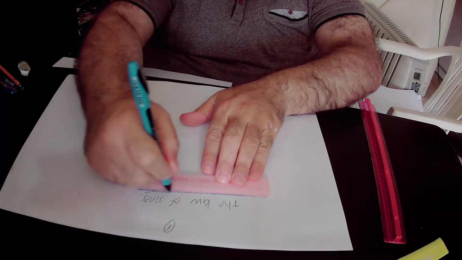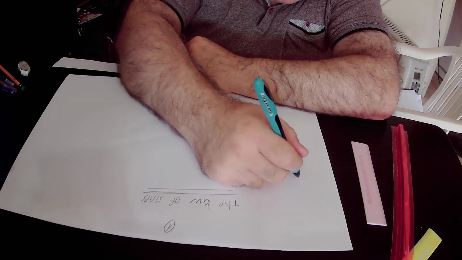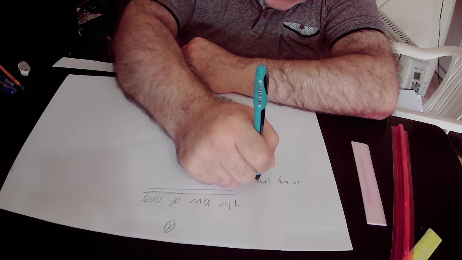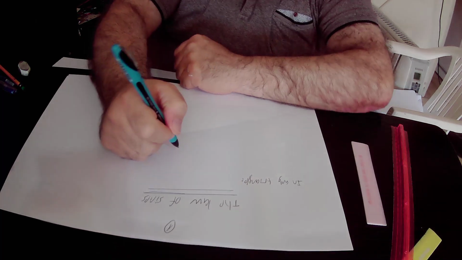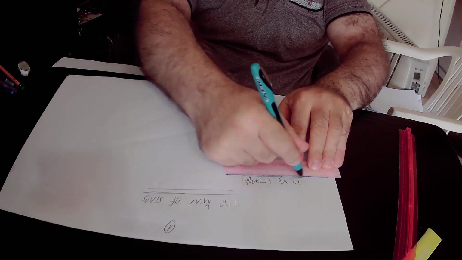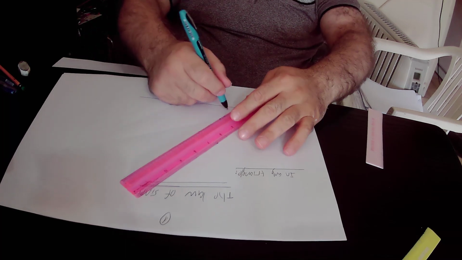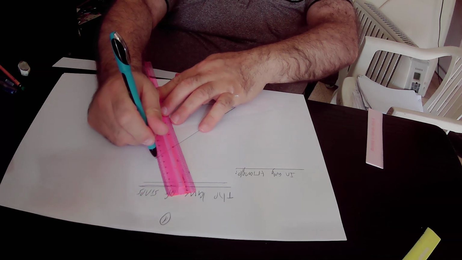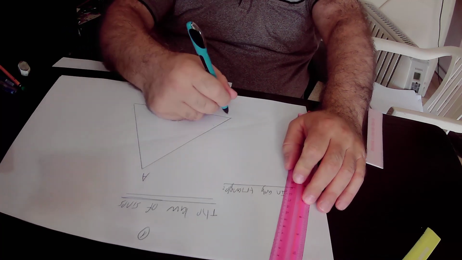So in any triangle, if you have triangle ABC, that could be any triangle. This is triangle ABC.